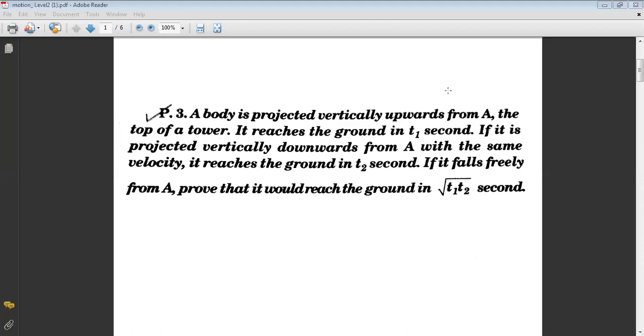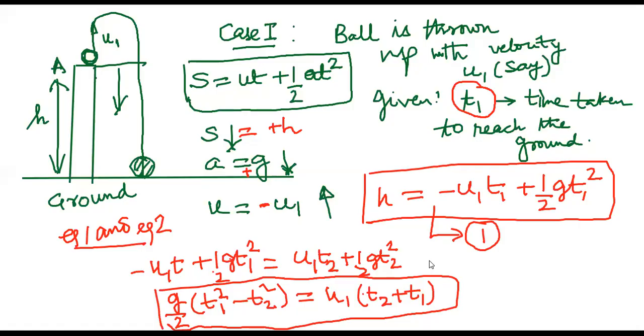And what did I do over here? I told you that initially I took it as this h. I used s equal to ut plus half g t square, and the ball is thrown up with a velocity u1. So I used the formula h equals minus u1 t1 plus half g t1 square.